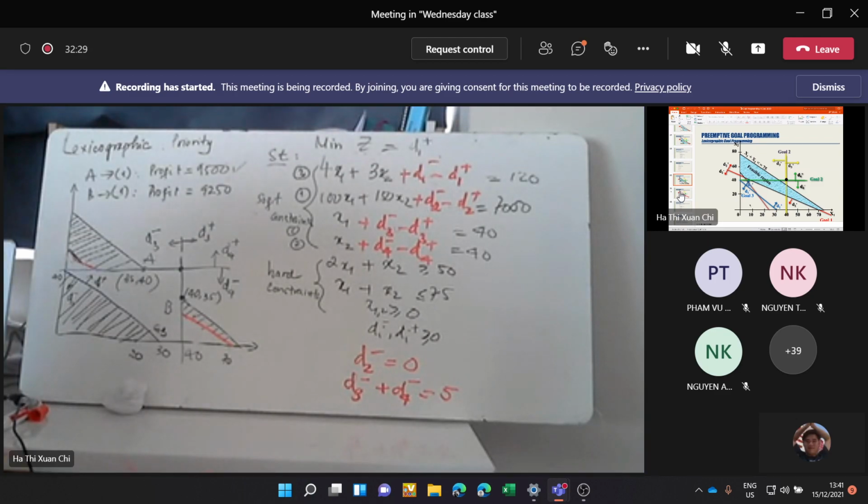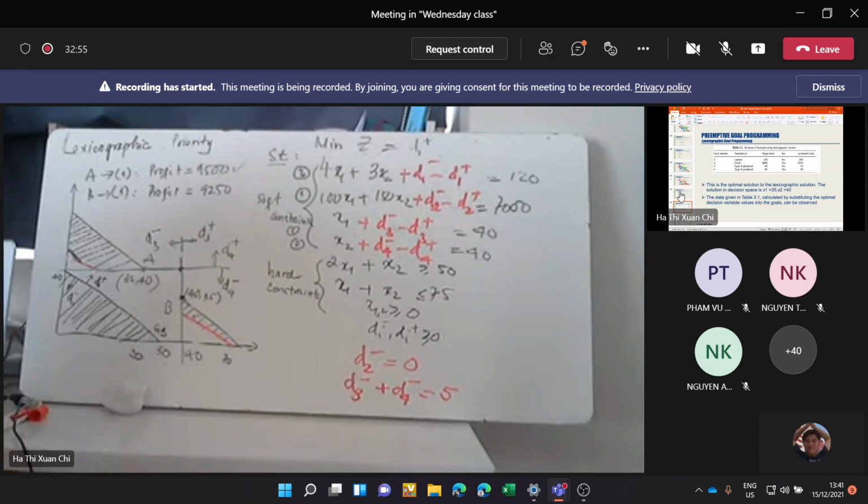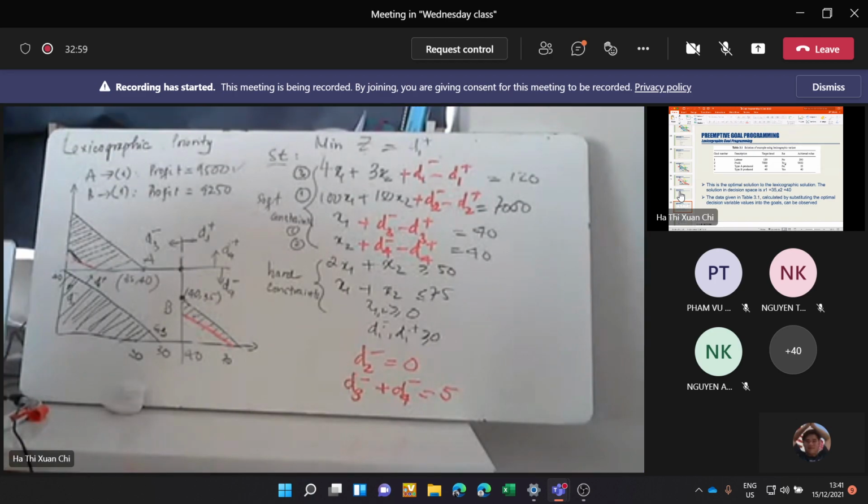Okay. So after we solve the problem, what can we get? We put here 1, 2, 3, 4. 3 and 4 are the same goal, with the profit target of 7,000.